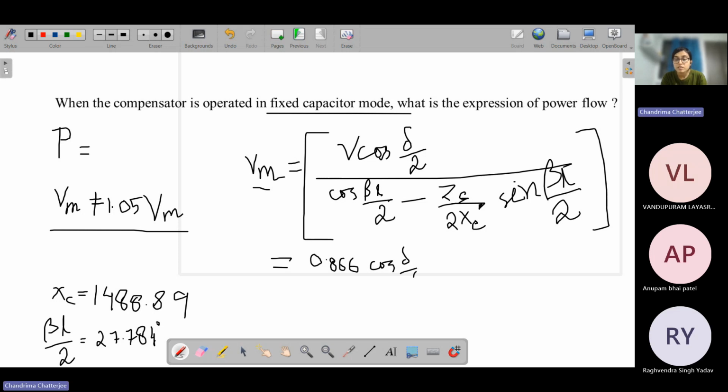But how were we getting 0.866? Because if you multiply V, the value of V is 735, so it should be 866. Ma'am, this is in terms of kilovolts, ma'am. Yeah, this is already in kilovolt. 735 is already in kilovolt, so you don't need to convert it again, you don't need to divide by 1000.